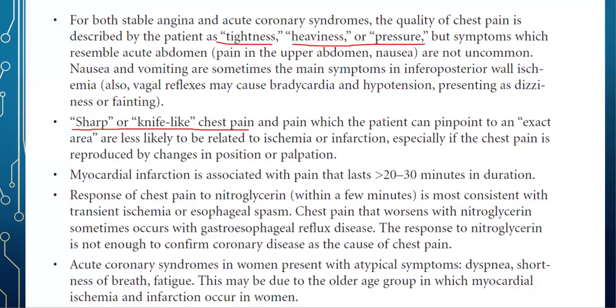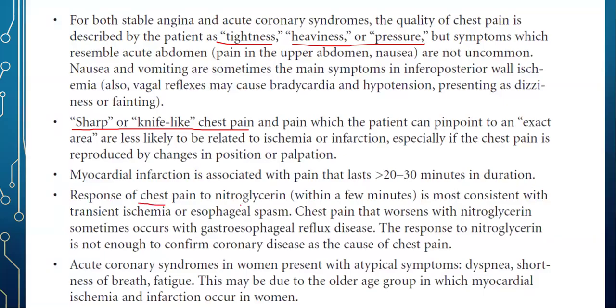So sharp, stabbing, knife-like chest pain, and the pain has some kind of relationship with change of posture, then you would think of acute pericarditis. Okay, so the type of the chest pain gives us a bit of a clue as to what could be the cause.